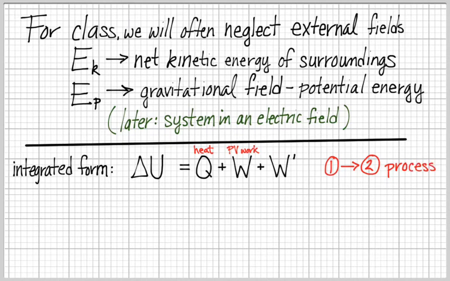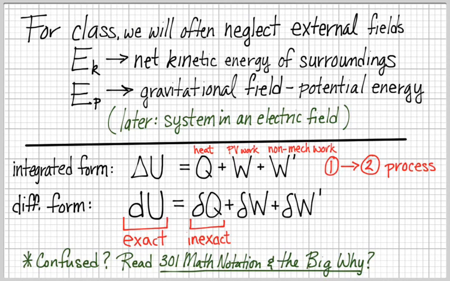The process that leads us between would be defined as going from state 1 to state 2. In differential form, this is probably going to be one of the few times that I start with an integrated form of an equation. Mathematically, if you want to solve problems, you generally start with the differential form of the solution and then integrate.